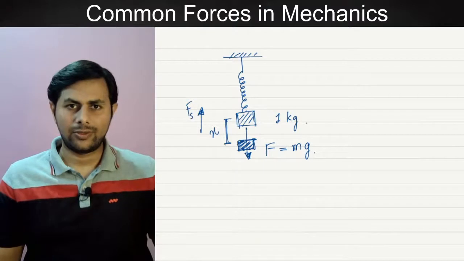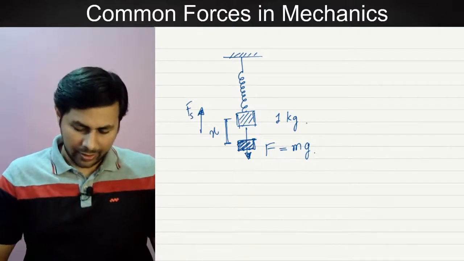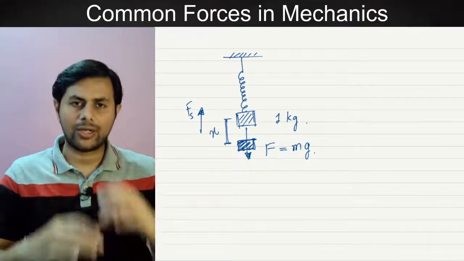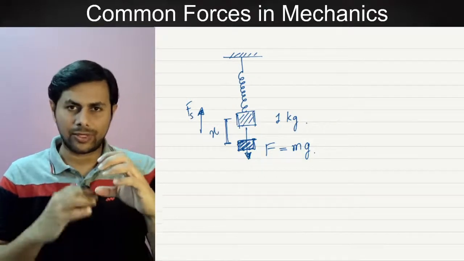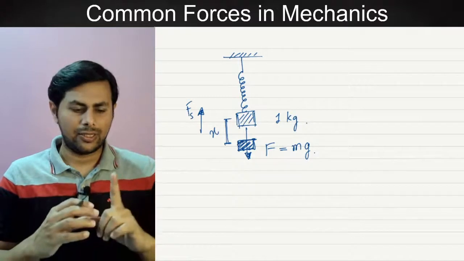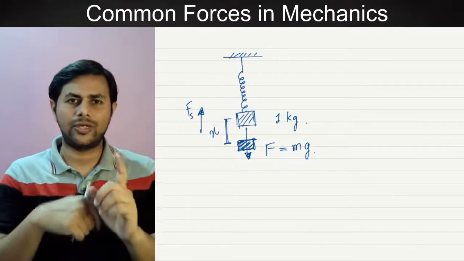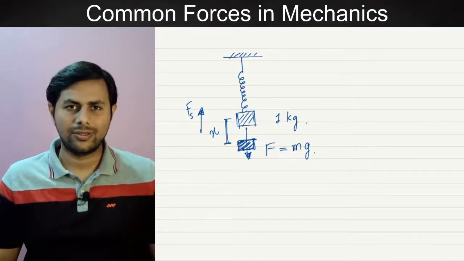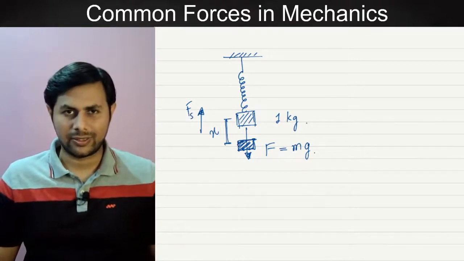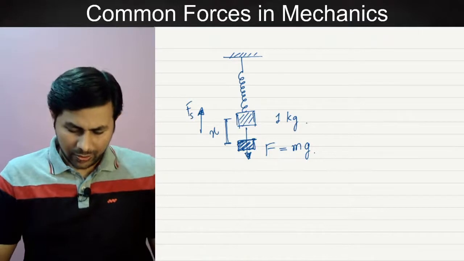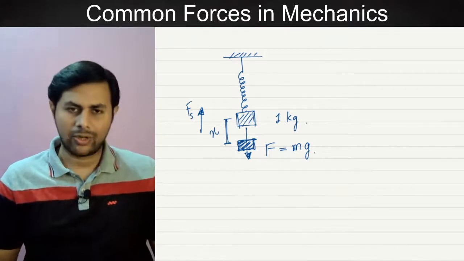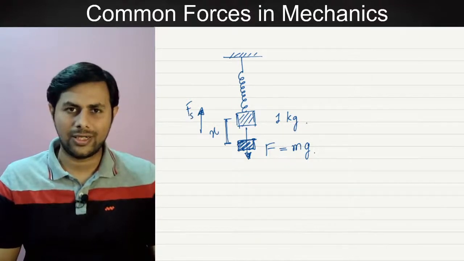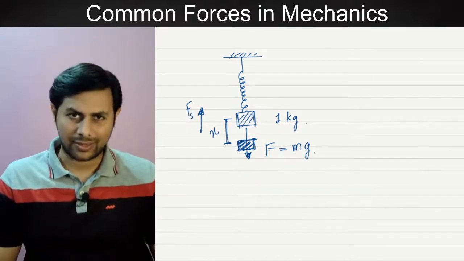So if for an elongation of x this mass comes to rest, that means the spring force is equal to what? The gravitational force. How much is the spring force? It is 10 newtons. So for 10 newtons the elongation is x. So for 20 newtons, how much will be the elongation? It will be 2 times of x.